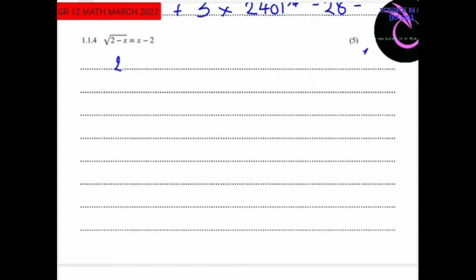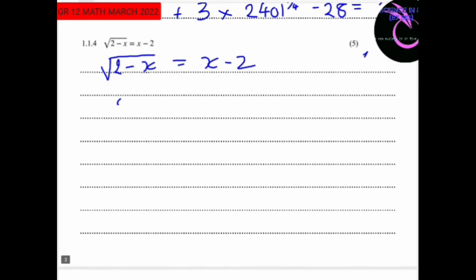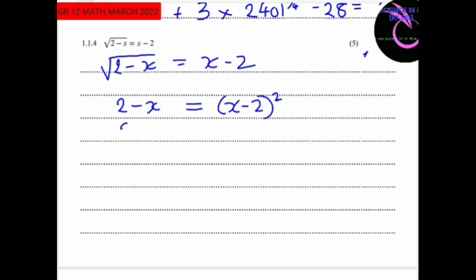So we're going to have the square root of 2 minus x equal to x minus 2. Square both sides. The 2 minus x is now free of the root, but the x minus 2 has to be squared now. And then the 2 minus x is now equal to what?